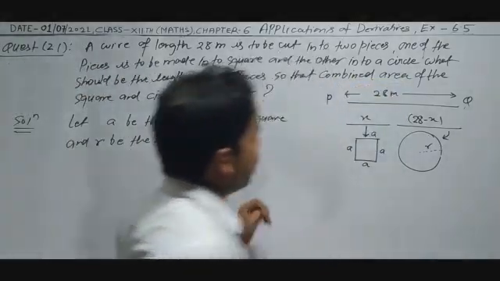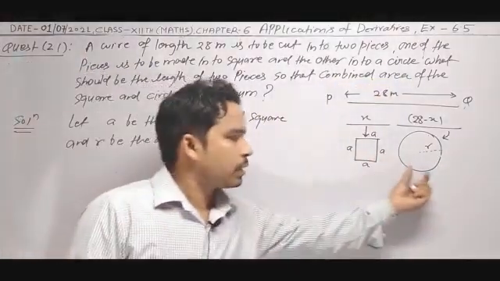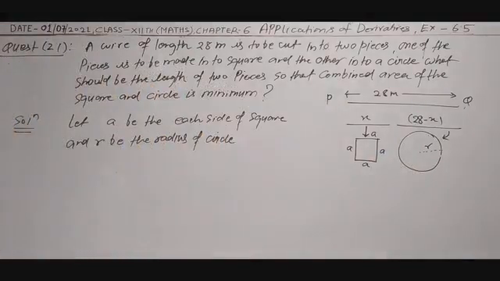Combined area means area of square plus area of circle. Now its overall area is minimum.